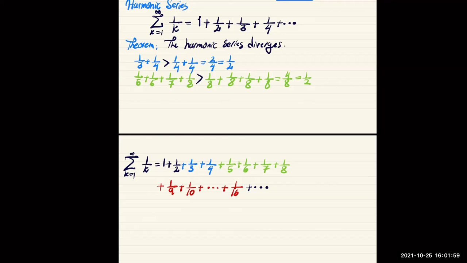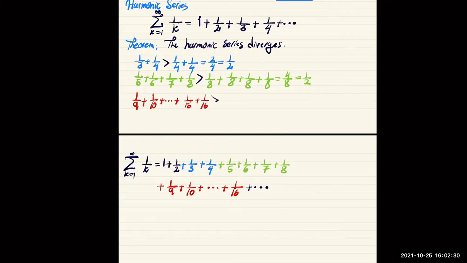Okay, we can also use the same reasoning to say that the red group is more than 1/2. So here it goes. The red group is 1/9, 1/10, all the way to 1/15, 1/16.